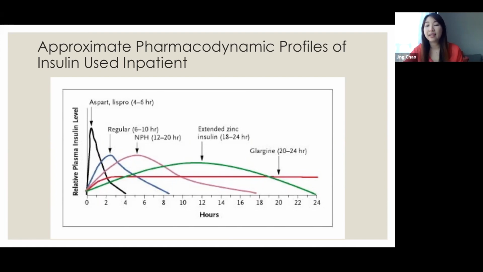And then lastly, the most commonly used basal insulin in the hospital is glargine, which has a duration of action of 20 to 24 hours. And yes, you can see here on this older slide, the pharmacodynamic profile of this glargine is actually pretty flat. And then we'll see an updated slide coming up here.